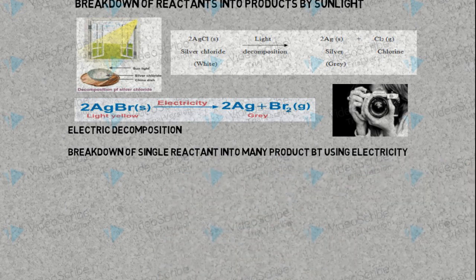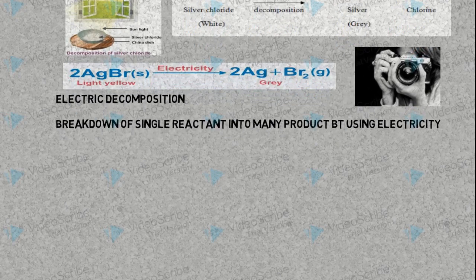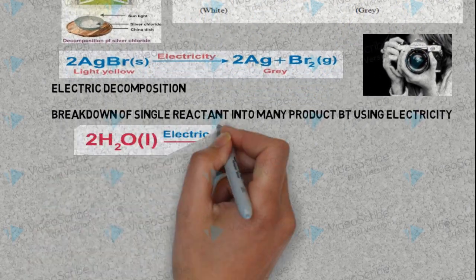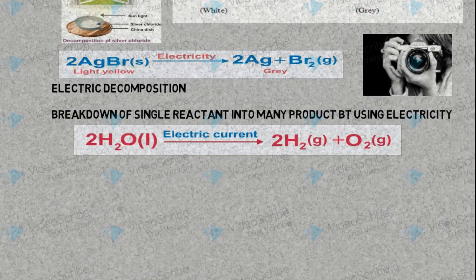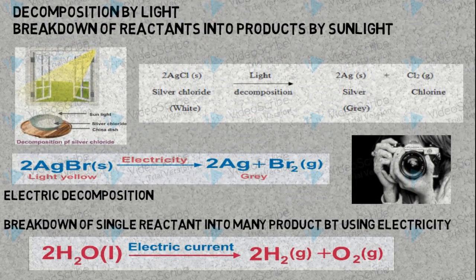And the last one is electrical decomposition. Here breakdown of a single reactant into many products takes place with the help of electricity. So if we are talking about decomposition by light, it means we are using sunlight or any source of light to break the bond. If we are talking about electric decomposition, it means we are using electricity for breaking down any compound.